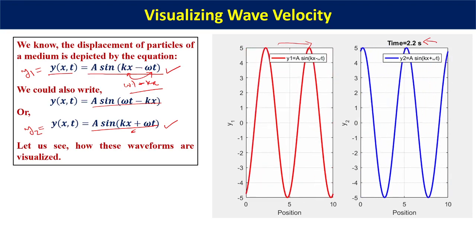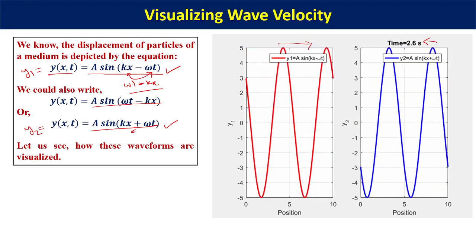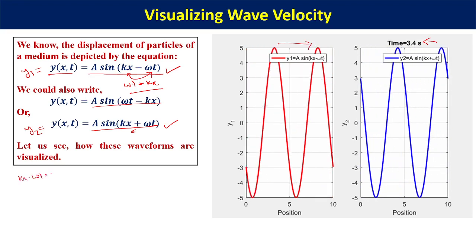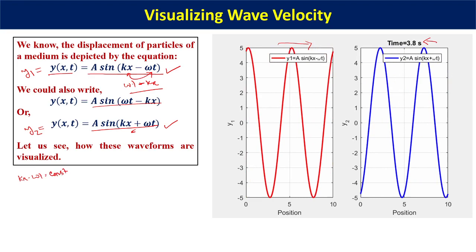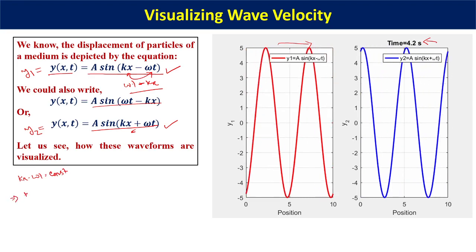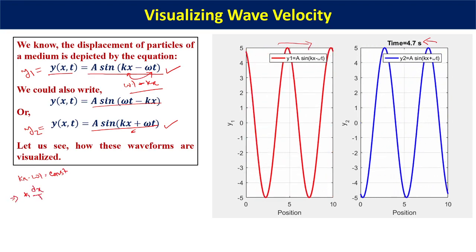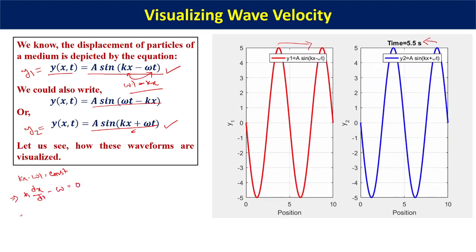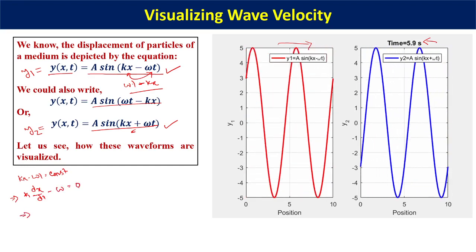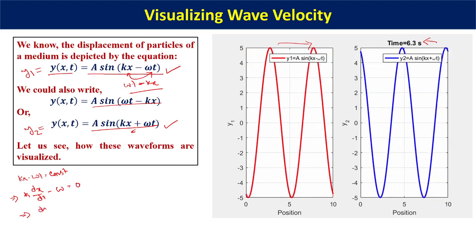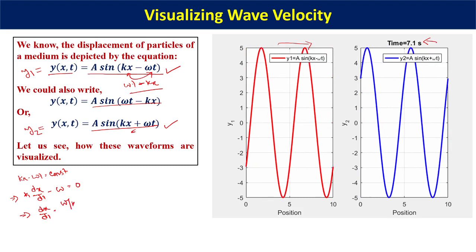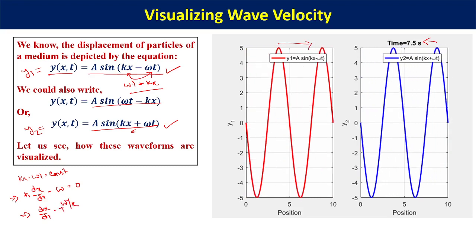If I write kx minus omega t equal to constant and take a time derivative, then I will get k dx/dt minus omega equal to 0, because d/dt of a constant equals 0. So dx/dt becomes equal to omega by k, which is a positive quantity.